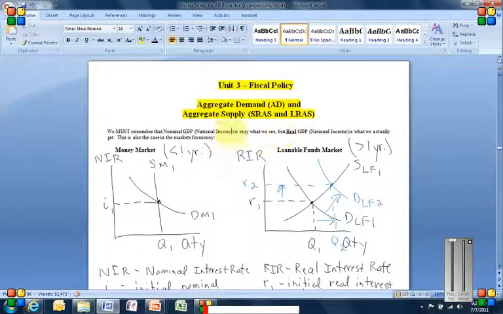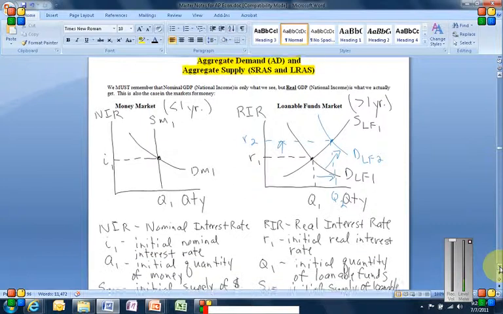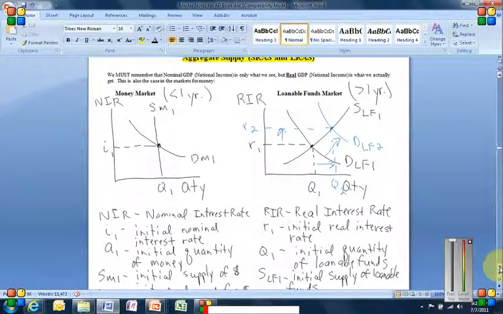It's page 37. Got the numbers backwards. But here are the two markets once again.